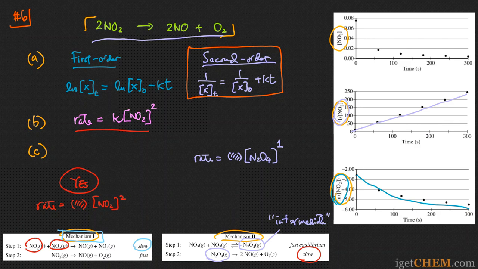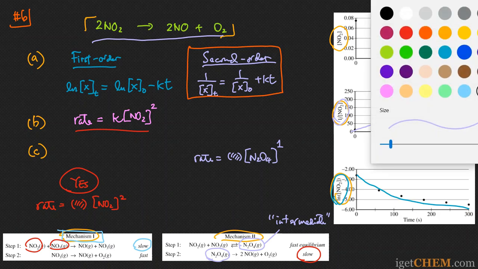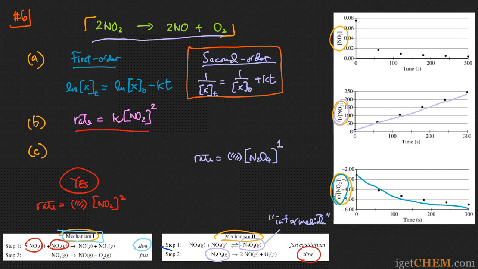However, you see that step 1 is a fast equilibrium. So step 1 right there, it says fast equilibrium. What that means is that the N2O4 concentration in the reaction is established by an equilibrium achieved in the first step.